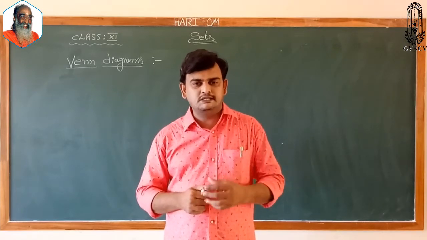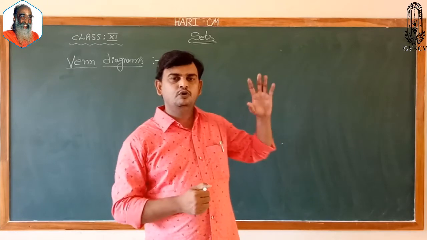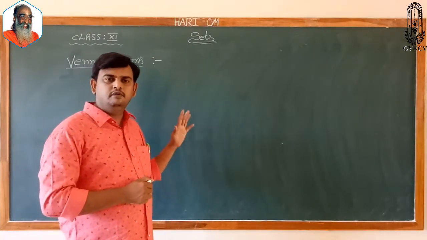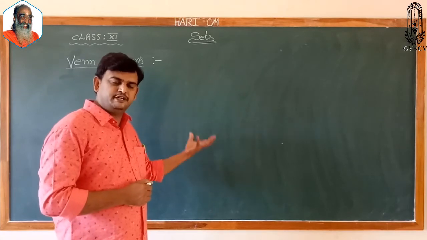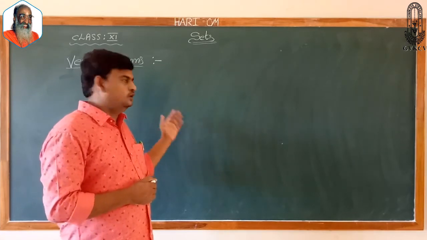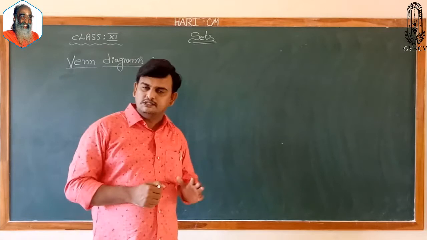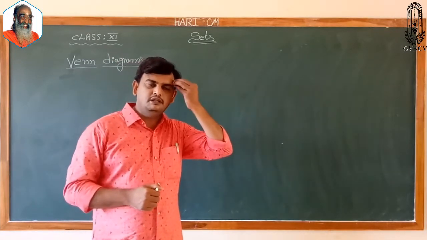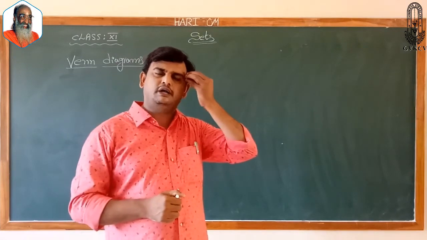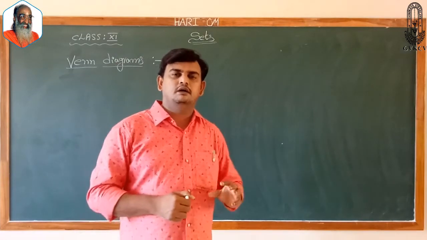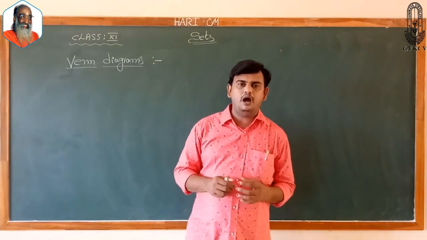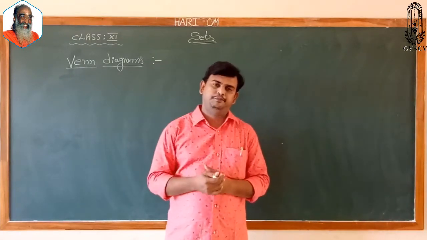Then we are able to observe the characters on the screen, the body movement, the facial expressions, everything, so that those characters will be there in our mind for a long time. That is the difference between the oral and audio visual.